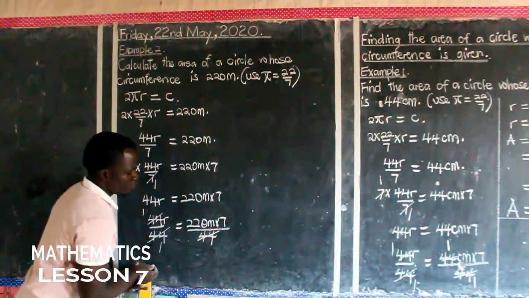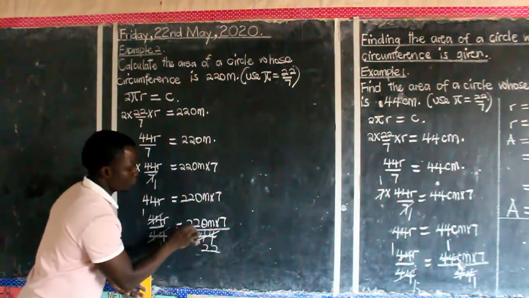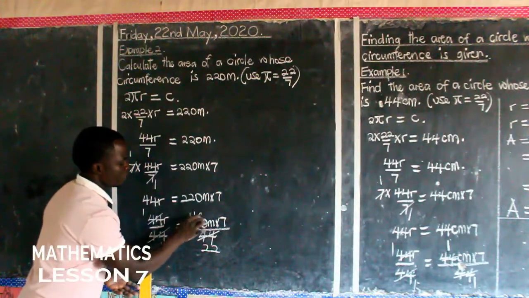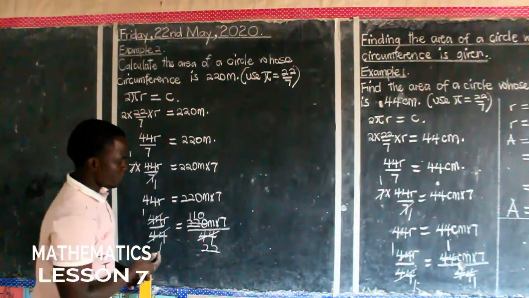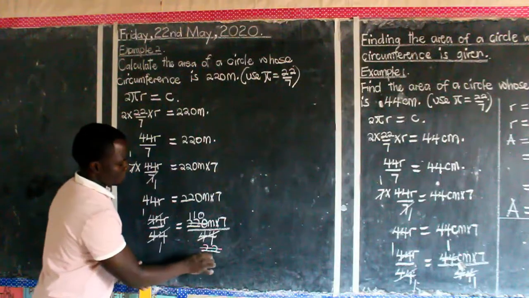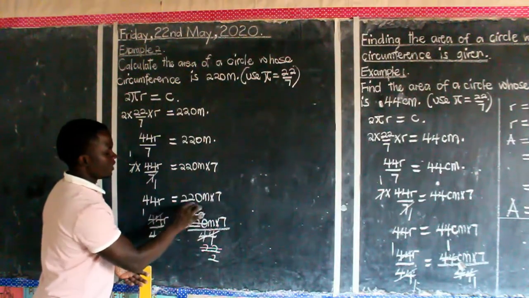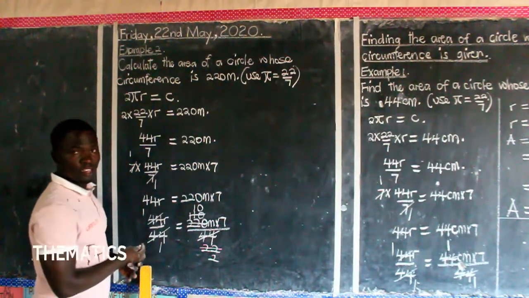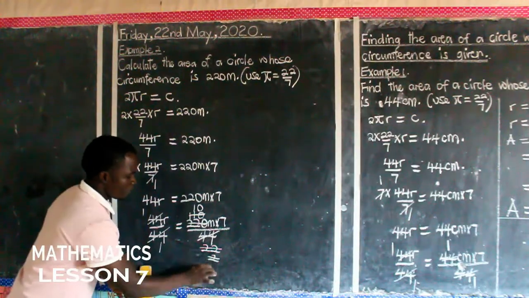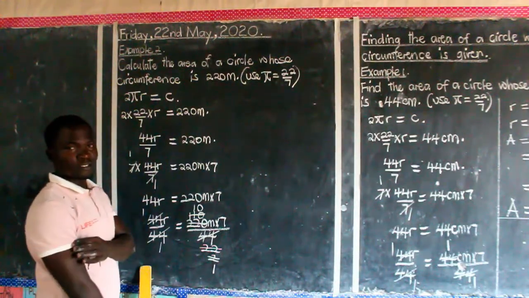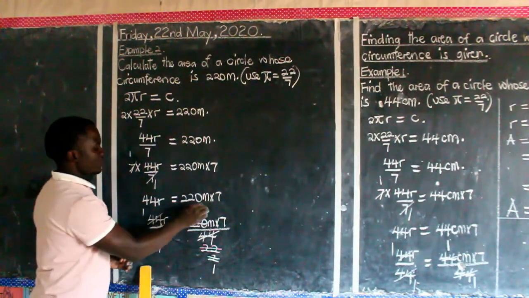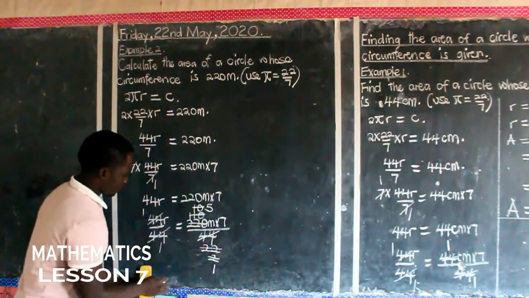By 2 here, we shall have 22. By 2 here, we shall have 110. By 11, this is 2, by 11, that is 10. Okay? By 2 once. Not so? By 2 here, we shall have 5.